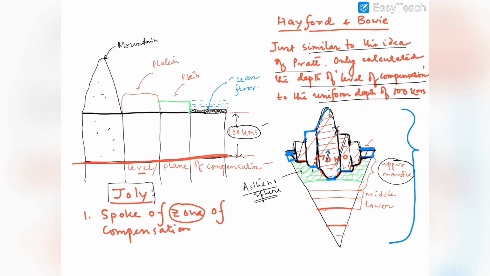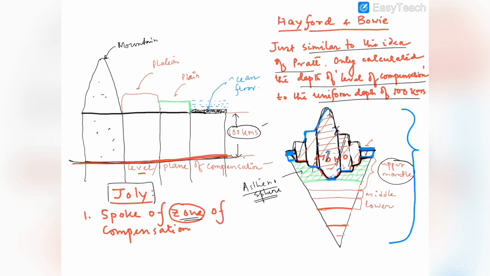So it is very clear that his concept is closer to George Airy's concept, because he is speaking again about a zone of compensation. That is, he is speaking about different depths of the root, whereas Pratt and Hayford and Bowie are speaking about a level of compensation at the same depth of 100 kilometers. But Joly again went back to George Airy's theory.